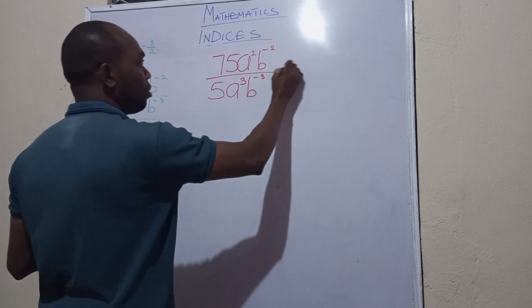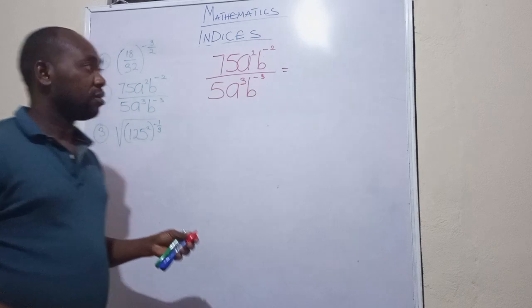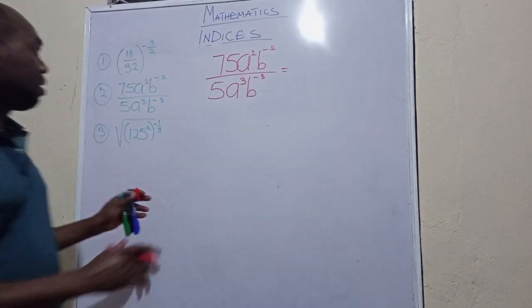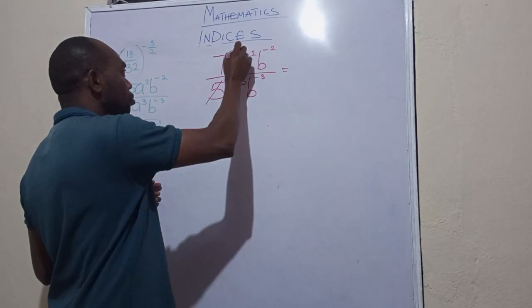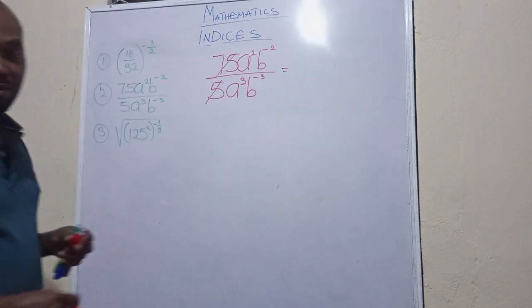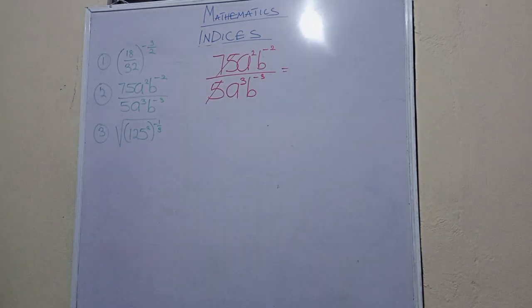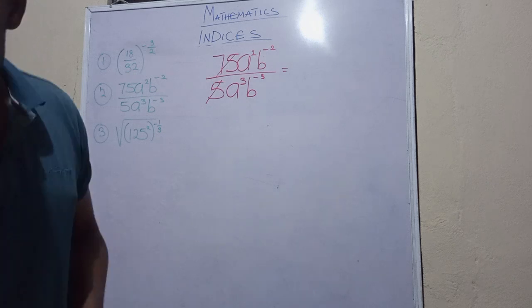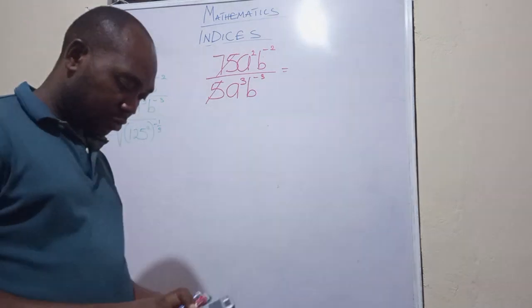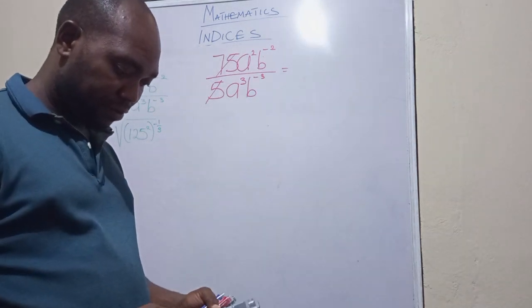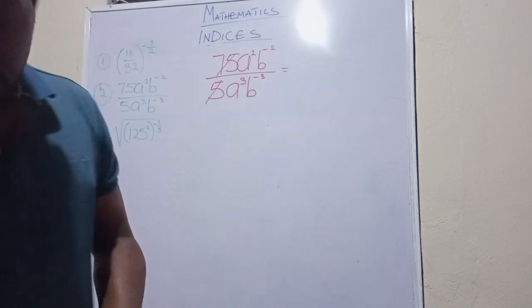Now, looking at this, the first thing you do is ask: 5 goes into 75 how many times? Let's check on a calculator how many times 75 divided by 5 will give us.